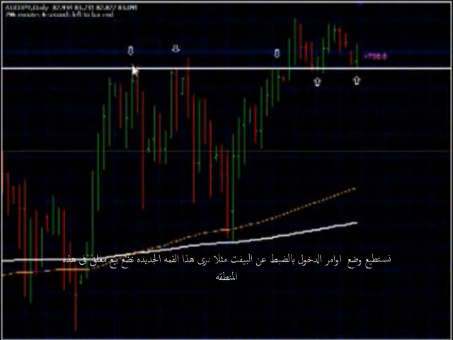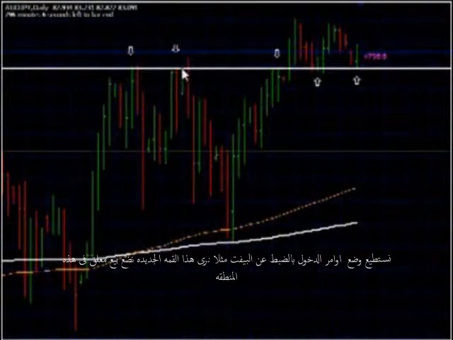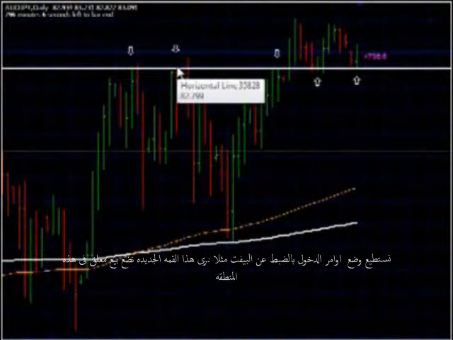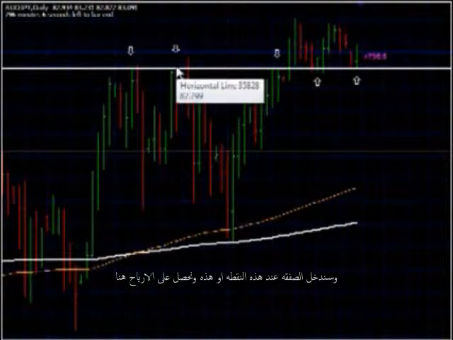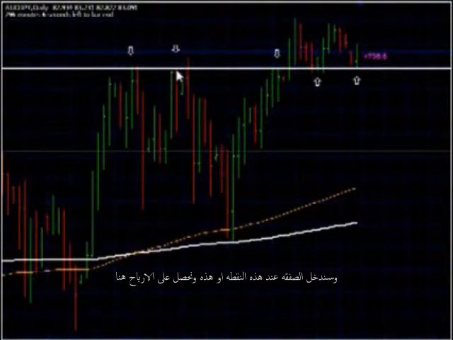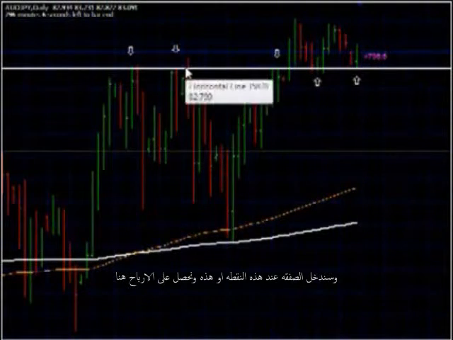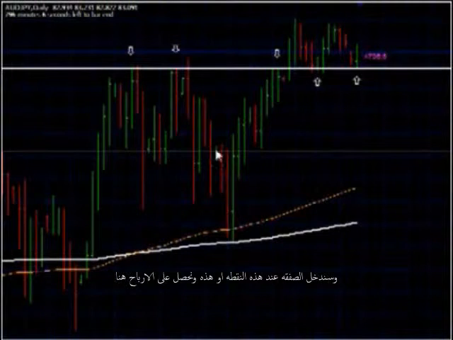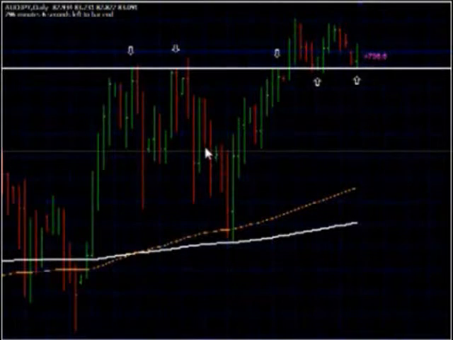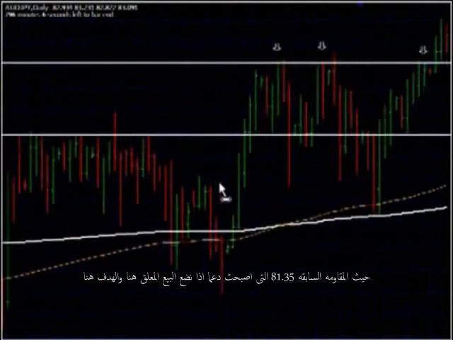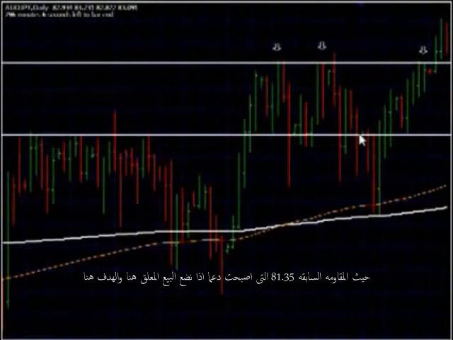For example, now that we see this is a new high, we can place a pending sell order in this area. Let's say we sell here. We will either get triggered at this point or that point, and we take profit at the 81.35, the old resistance, which will now act as support.